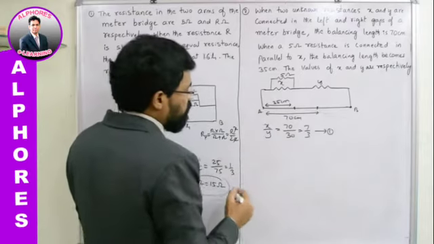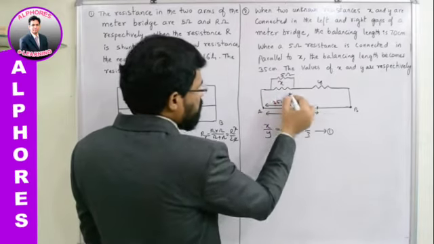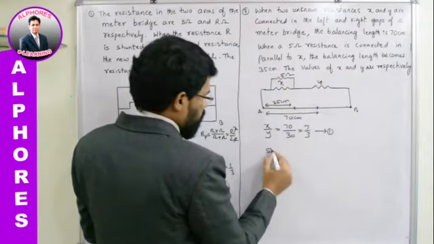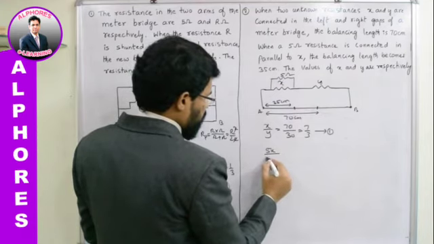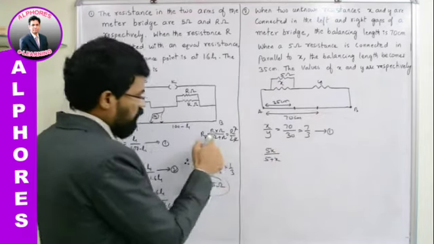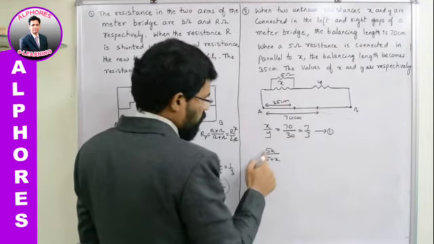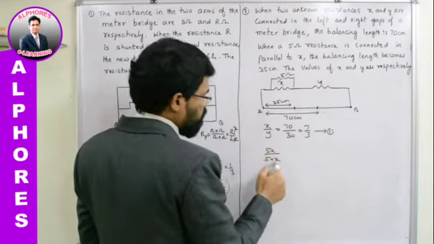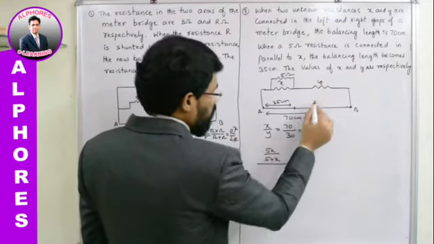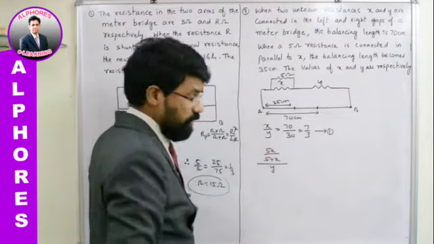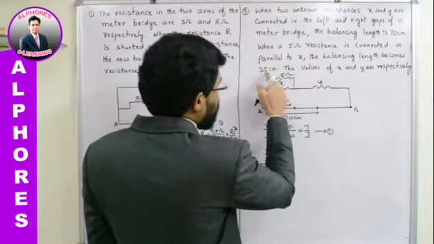So let us write the equation for that. What is the effective resistance here? 5x by 5 plus x, R1 R2 by R1 plus R2. R1 is 5, R2 is x. So R1 into R2, 5 into x by 5 plus x, divided by y, which is the same as it was not disturbed, is equal to, what is the balancing length? 35 centimeters.